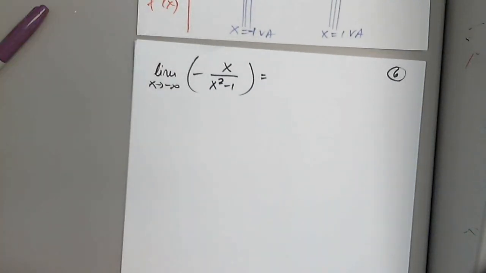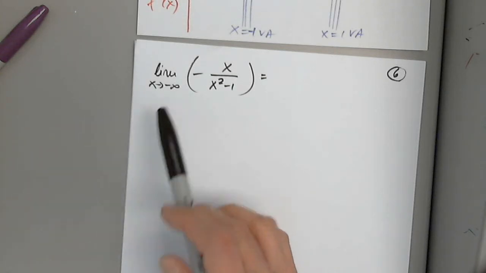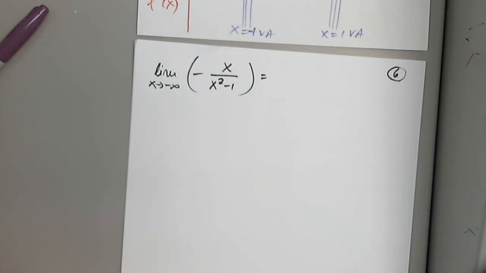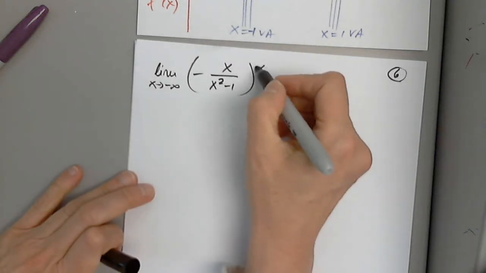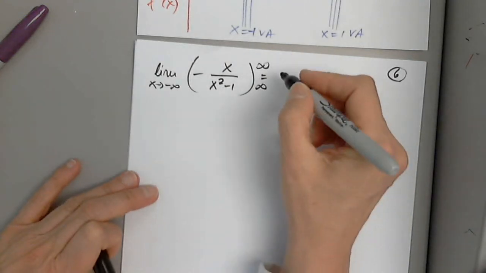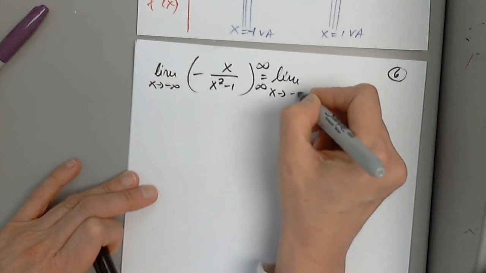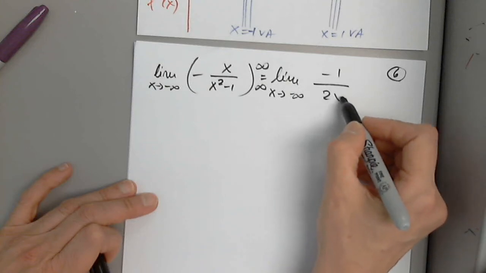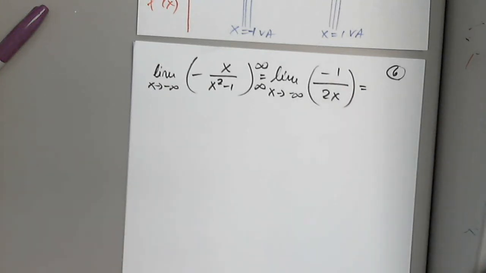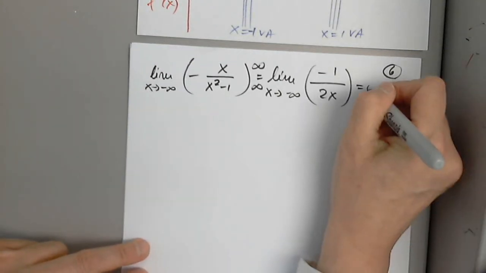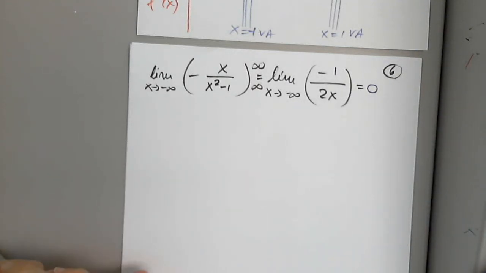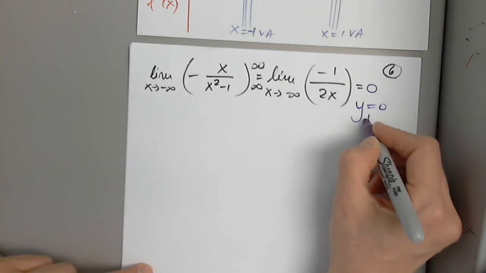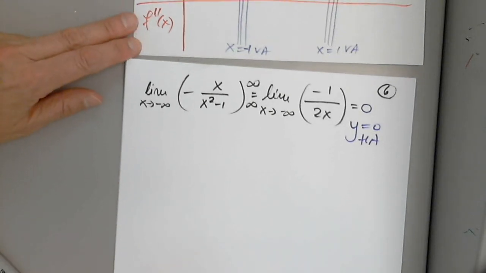What is the limit as x approaches negative infinity of this? Perfect, it is indeed infinity over infinity, so I can use L'Hopital's rule. The top is negative 1, and the bottom is 2x. Now, when x approaches negative infinity, this will approach 0. You all agree with that?